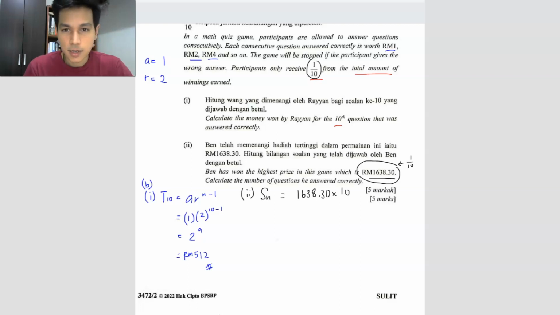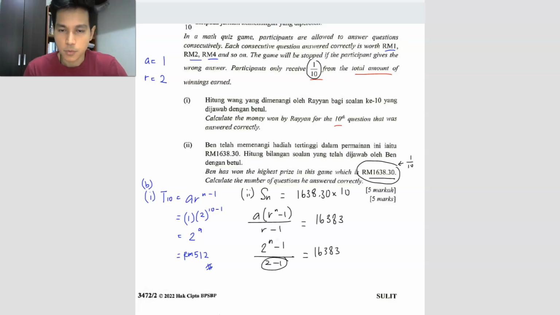So the Sn formula, a(r^n - 1) over r - 1 equals 16383. Now we just substitute the values. a is 1. So (2^n - 1) over 2 - 1 equals 16383.